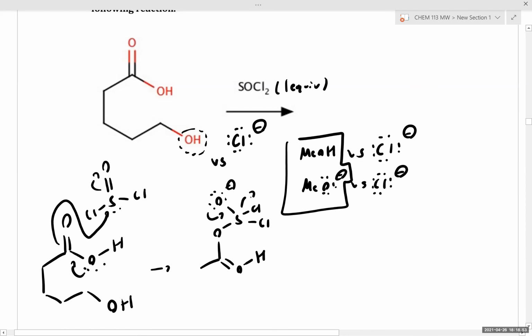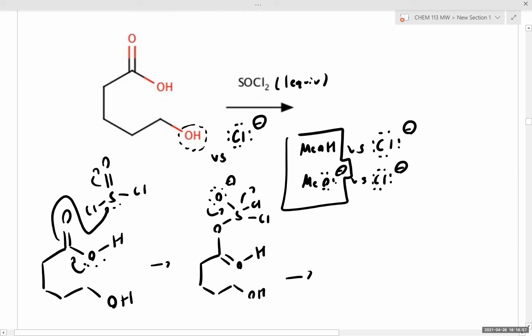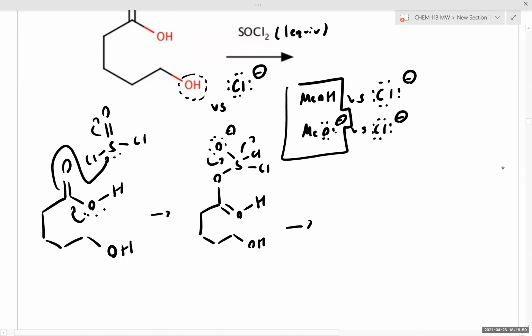From here, we'll kick out an equivalent of chloride. And we're back to the same intermediate that we've seen time and time again, where we have this highly activated carboxylic acid derivative with this great leaving group.